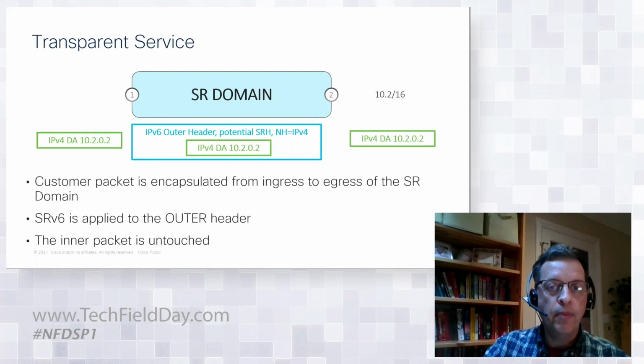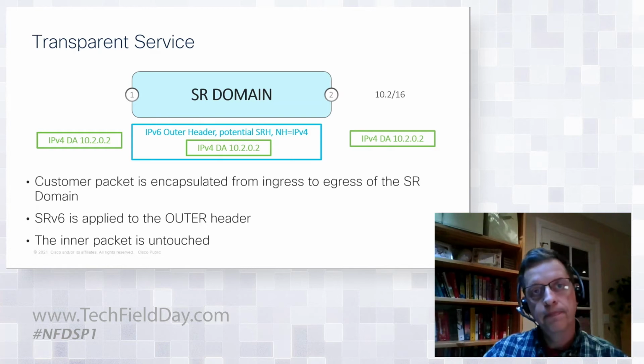The outer IPv6 header is the one that we're using for source routing, the one that could potentially have a segment routing extension. We call it the segment routing header, that is going to enforce waypoints through the network. At the end, we deliver the packet as it came originally on router number 2 to the right of it. So the idea is that the inner packet will never be touched. The inner packet will never be modified.